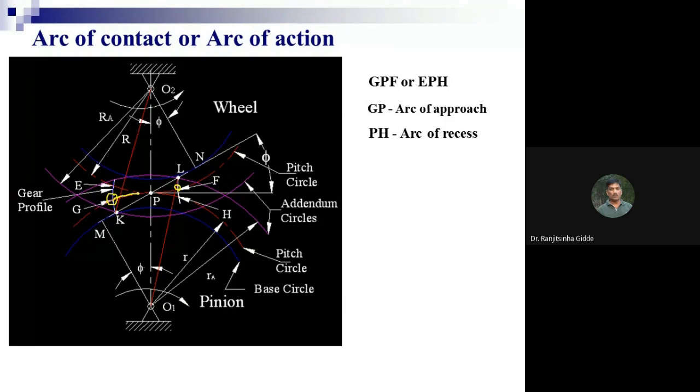So this is nothing but arc of contact. So this is GPF, or if the wheel is driver and pinion is driven, then it becomes EPH, like this.